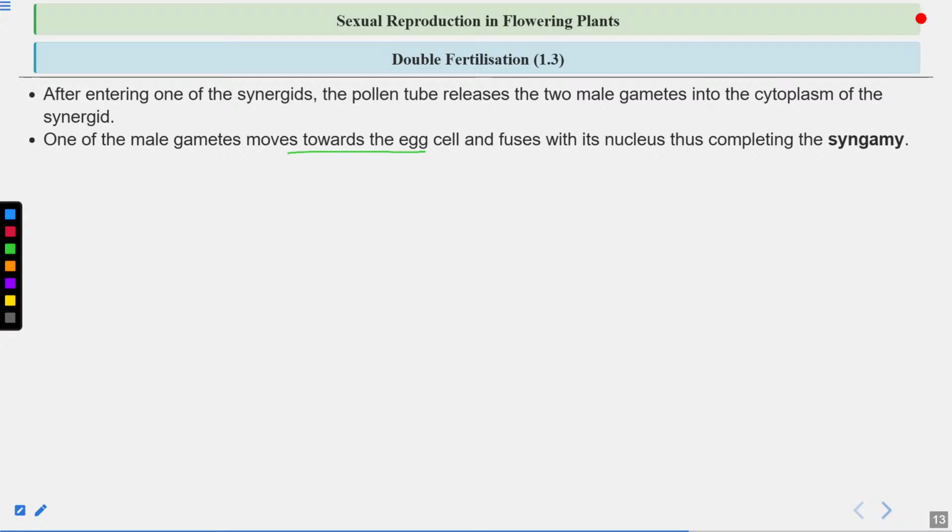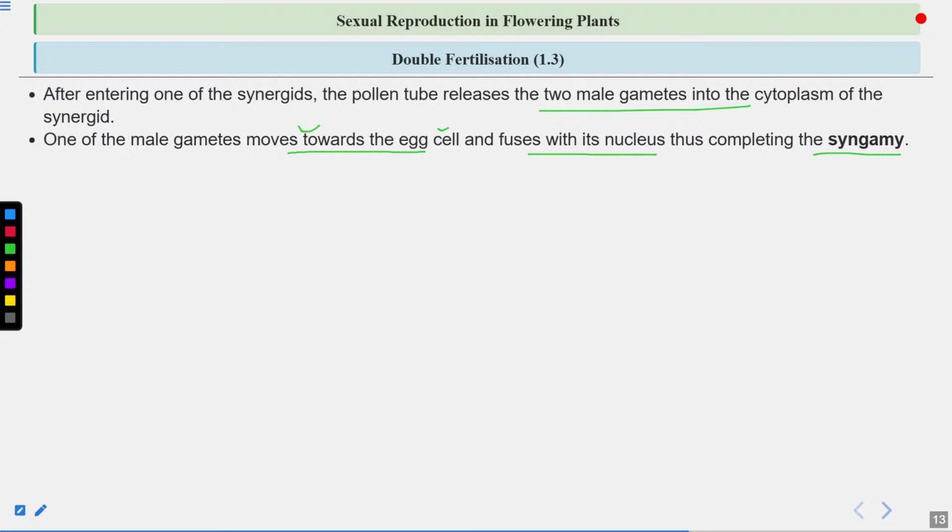Now, a very important point. Two male gametes were there, and out of those two, one male gamete moves towards the egg cell and fuses with its nucleus. Which nucleus? The egg cell nucleus, and completes the syngamy process. First fertilization.